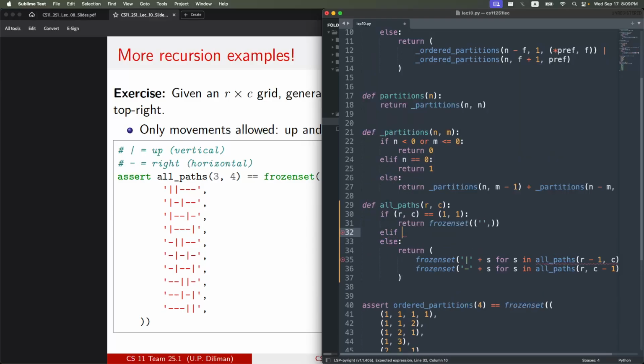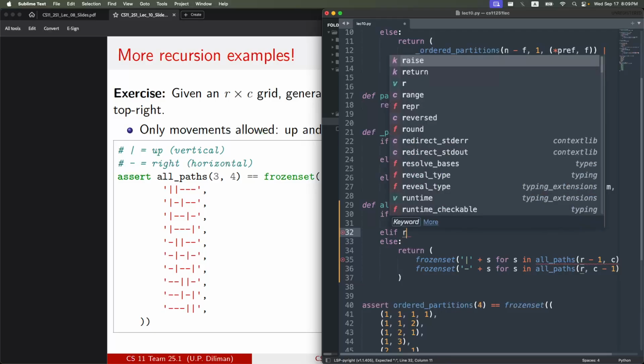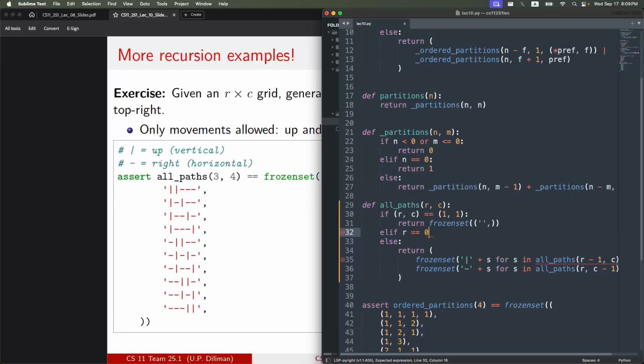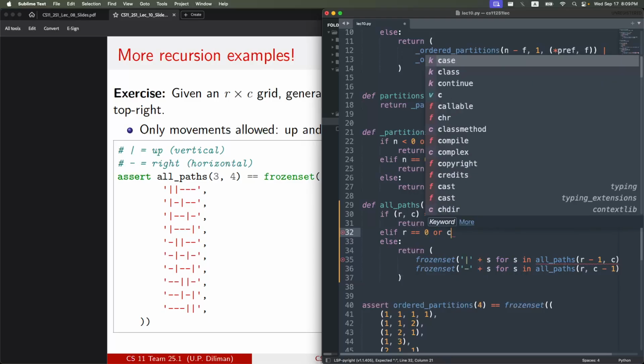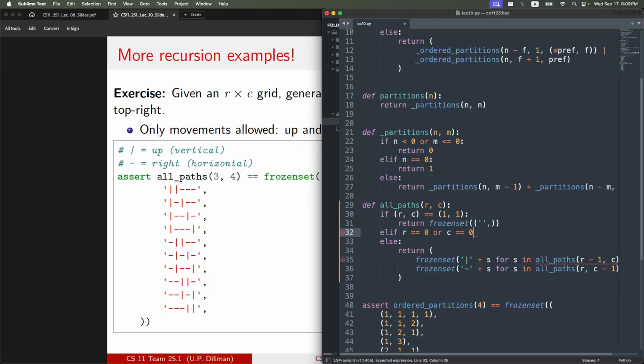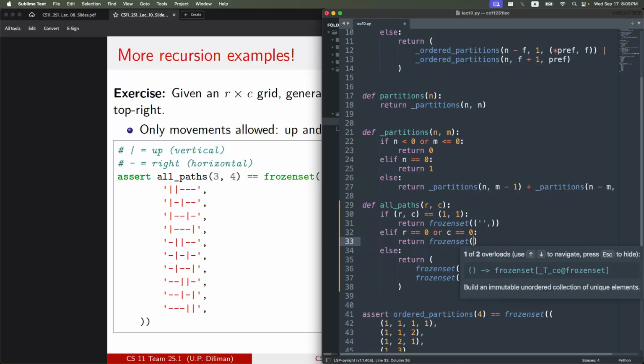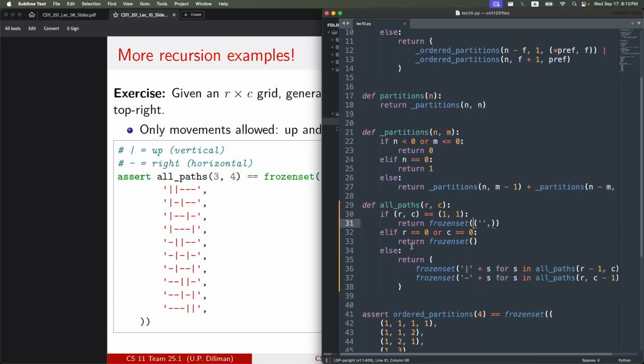If there are no rows or there are no columns, then there are no paths from the bottom left to the top right, because the grid does not exist anyway.